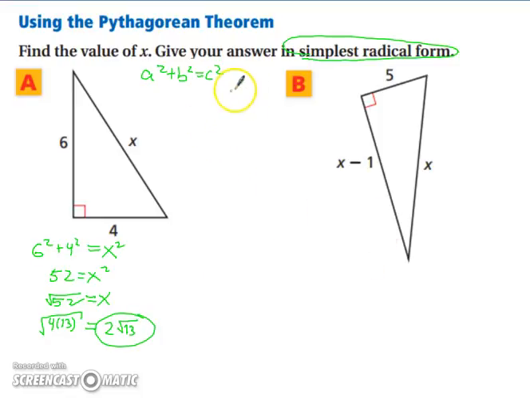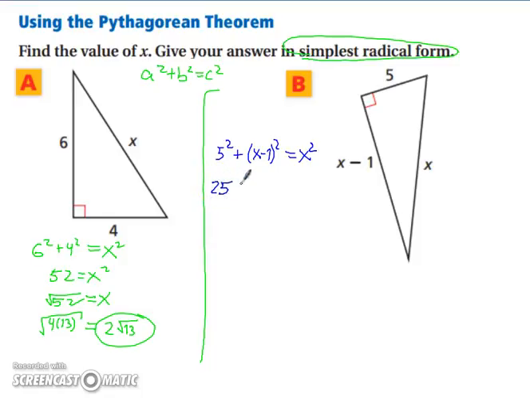Let's look at a problem that's a little bit more challenging. So we have 5, x minus 1, and x. So we have 5 squared plus (x minus 1) squared equals x squared. Well, we can simplify. Let's look at the left-hand side of the equation.